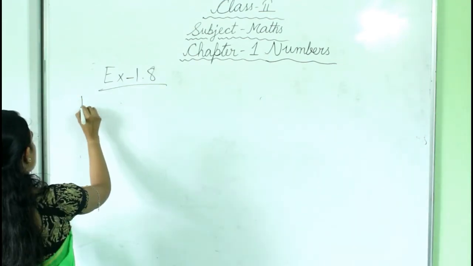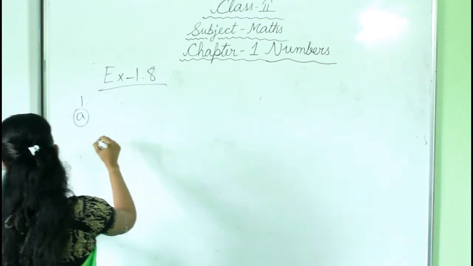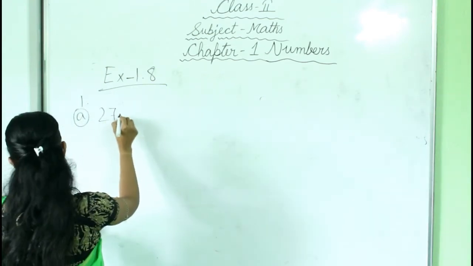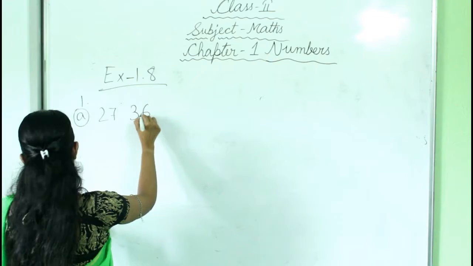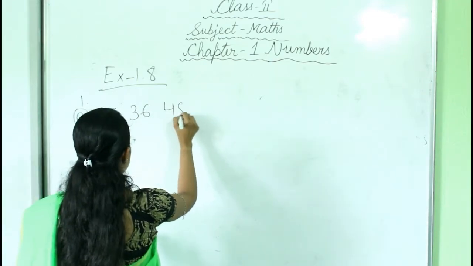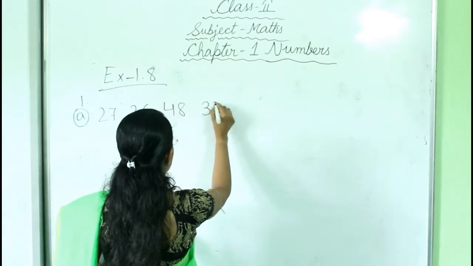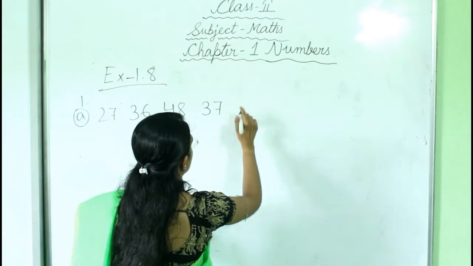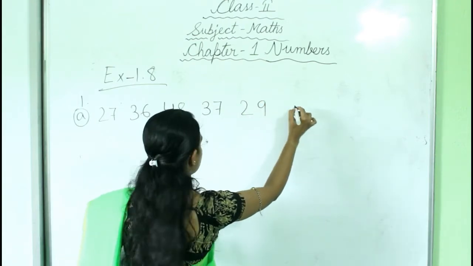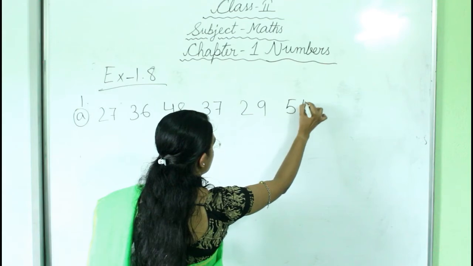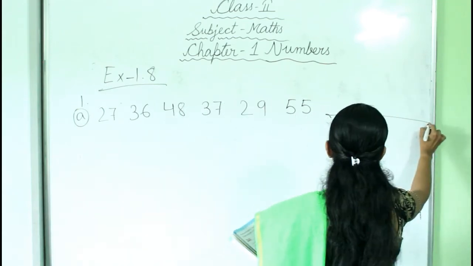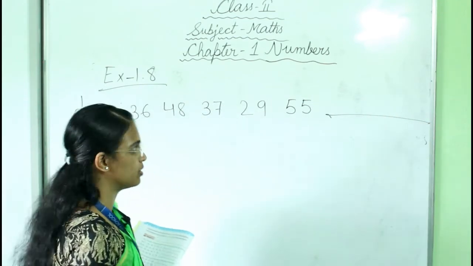So what is the question? Number 1A: 27, 36, 48, 37, 29 and 55. So what do we have to find out? We have to find out only the even numbers.